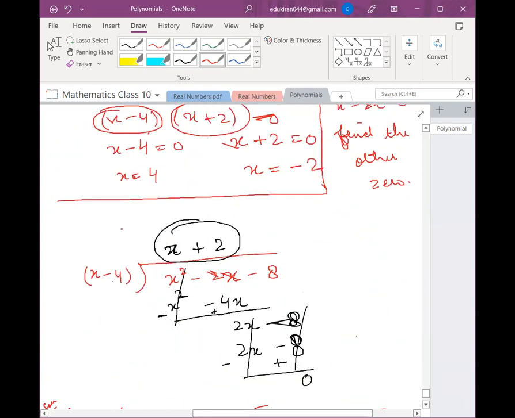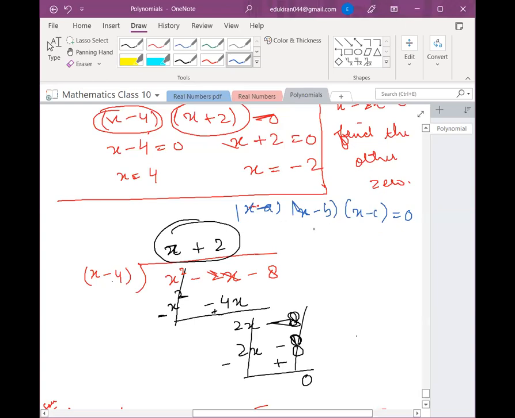For example, you have some polynomial like this, and after doing all the algebraic splitting and everything, let's say you are getting like this, x minus a into x minus b into x minus c is equal to 0. So that means a, b, c are the factors of this polynomial. Clear? Okay, ma'am.